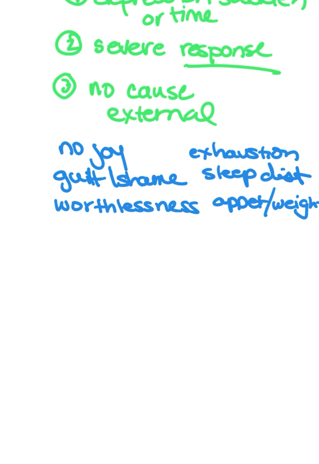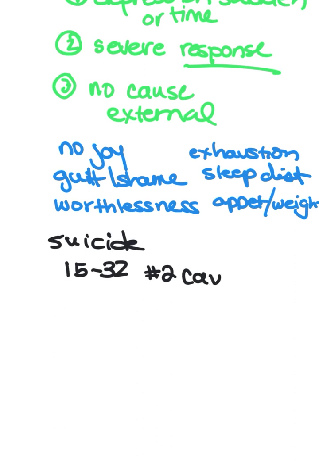Now, this can lead, obviously, to thoughts of suicide. In your age group, age 15 to about 32, unfortunately suicide is now the number 2 leading cause of death, which, if you think about it, we've got to fix this.